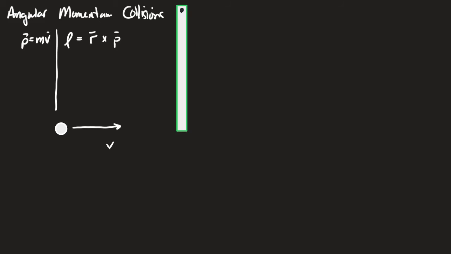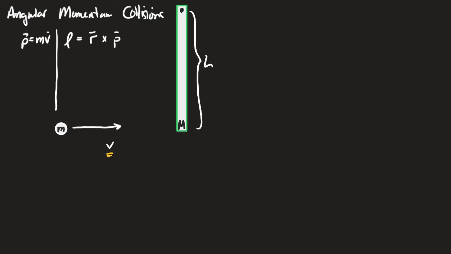I'm using the word meter stick more anecdotally. I mean, I have some bar of length L and mass, we'll say capital M, and this object has mass lowercase m. It has an initial velocity lowercase v. Okay?